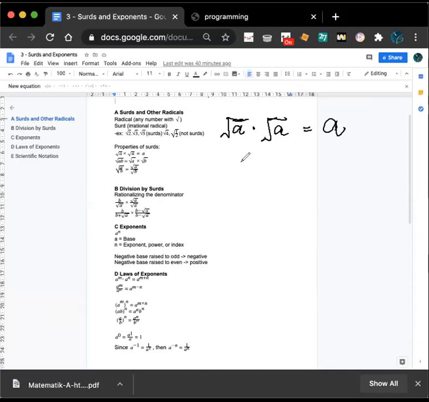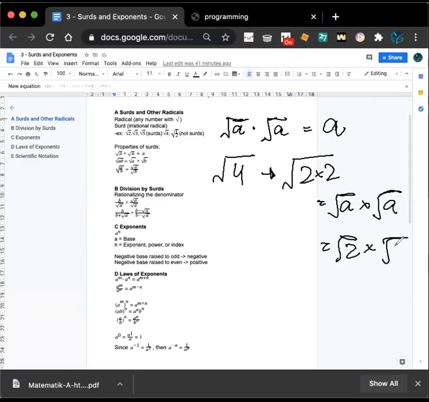I think this is a very interesting notion, because if you have square root of 4 and you break it down into prime numbers, you have 2 times 2, and this means you can get something like square root of a times square root of a, which is square root of 2 times square root of 2. Then it becomes 2.